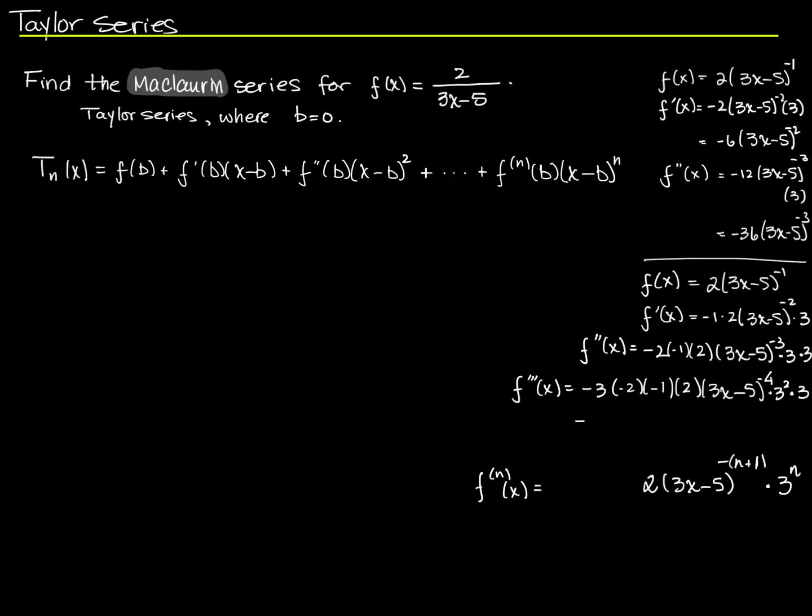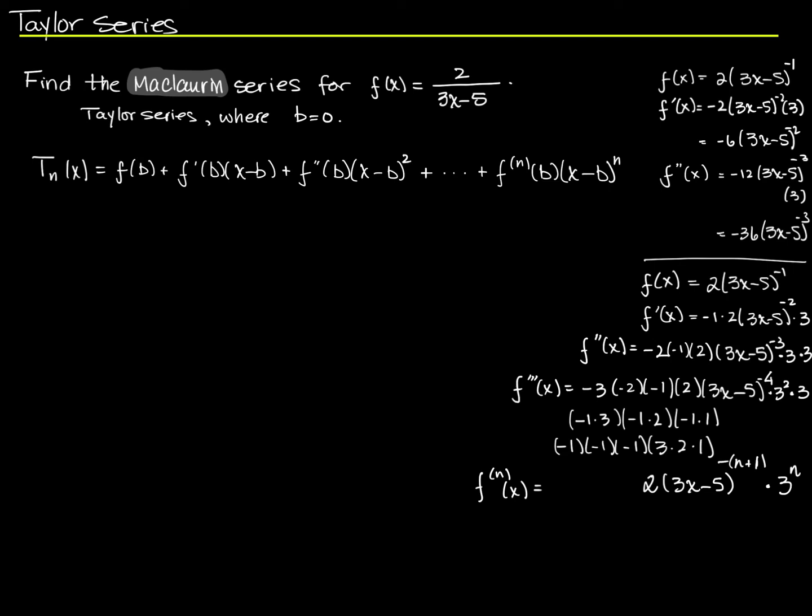I'm going to write this as negative 1 times 3 times negative 1 times 2 times negative 1 times 1. And then I'm going to rewrite the order that this is in. I have negative 1 times negative 1 times negative 1 times 3 times 2 times 1.